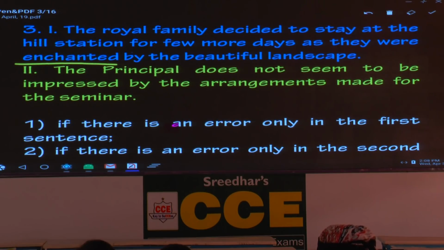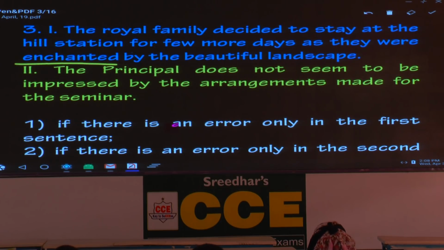Now will you say for few more days or for a few more days? What is the difference between few more days and a few more days? If you say there are few books on psychology in the library, what does it mean? No books, negative connotation. If I say there are a few books on psychology in the library, at least some.